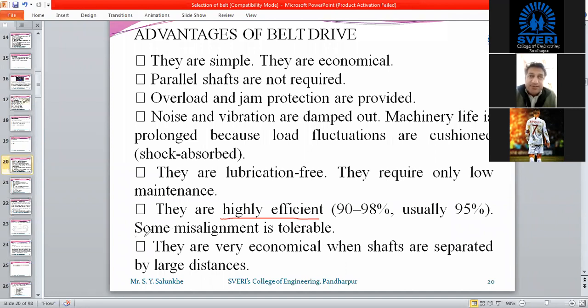Next advantage, we can say some sort of misalignment is tolerated in belt drives, which is not tolerated in a gear drive. And they are economical when the shafts are separated by a large distance.